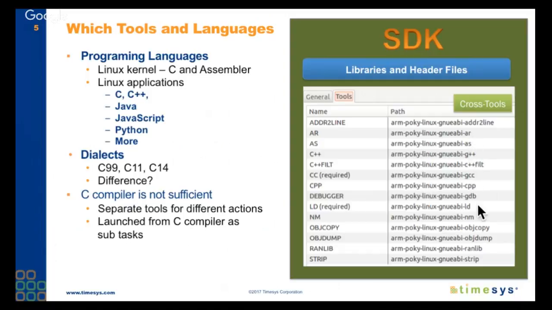We have a debugger, which we are going to be using today. GDB stands for GNU Debugger. We also have other utilities to manipulate object files and some helper utilities that strip binaries of unneeded symbols, for example. All of these utilities are typically installed as part of the cross toolchain that's available with the SDK. Okay, so that's precisely what we're going to be using.